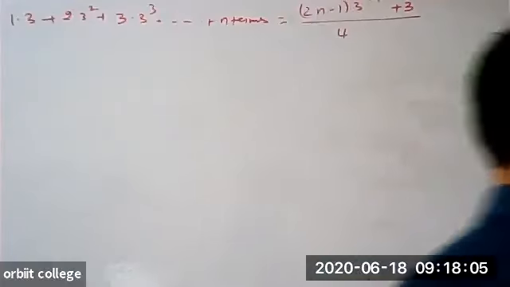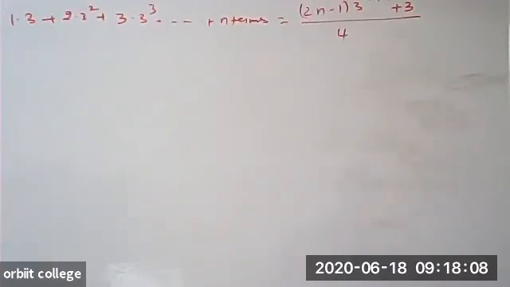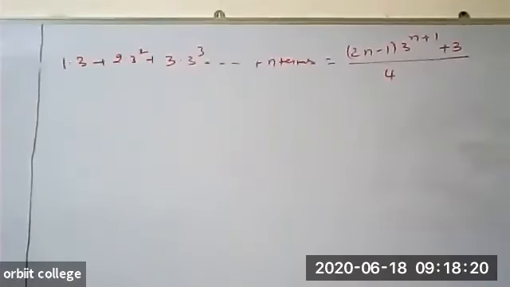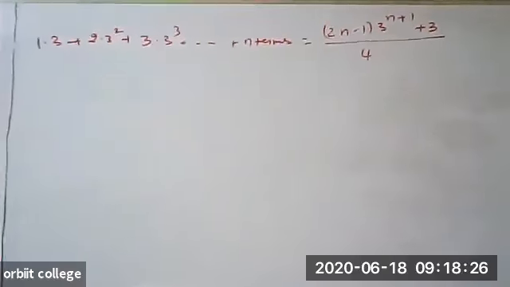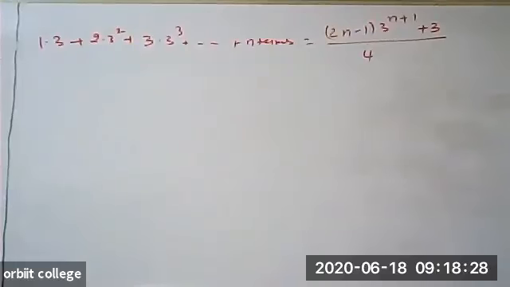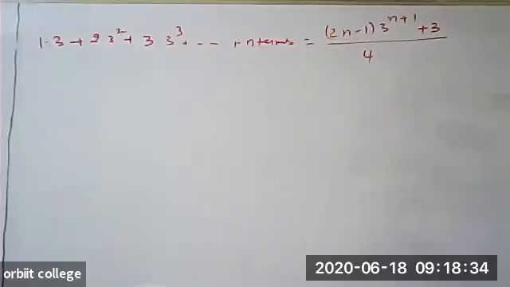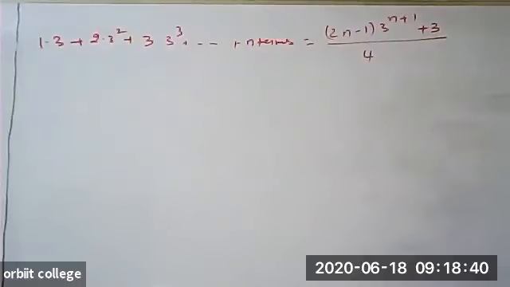Tell me what is the nth term. N into 3 power n, that is the nth term. Then next, complete the process.